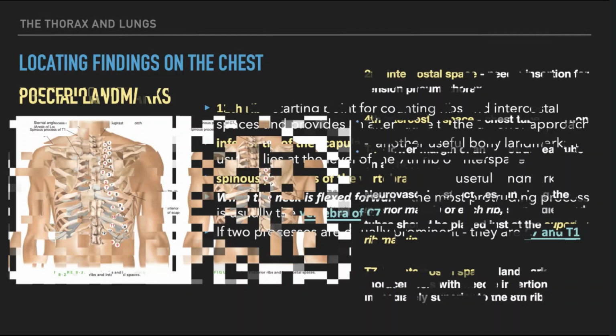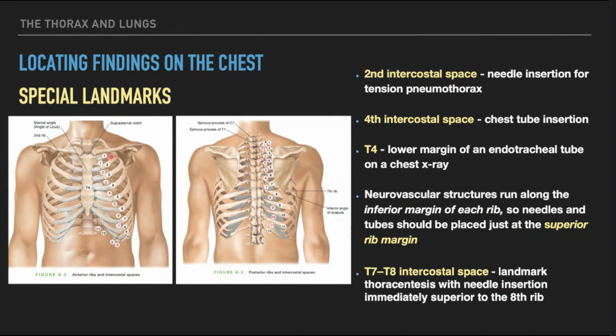Other special landmarks would include the second intercostal space, where we usually insert the needle when a patient suffers from a tension pneumothorax. The immediate intervention is needling, and it's usually inserted into the second intercostal space. Your fourth intercostal space is where the TCVS or thoracic surgeons usually insert their chest tube.